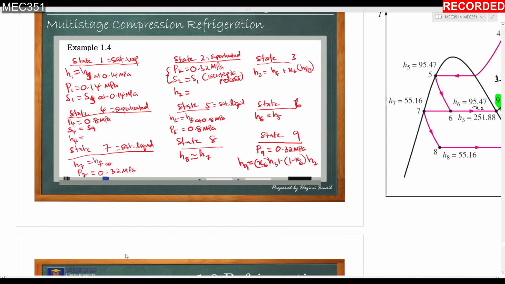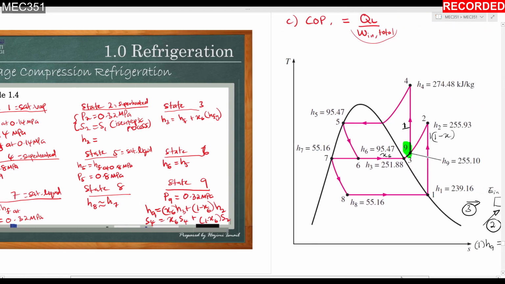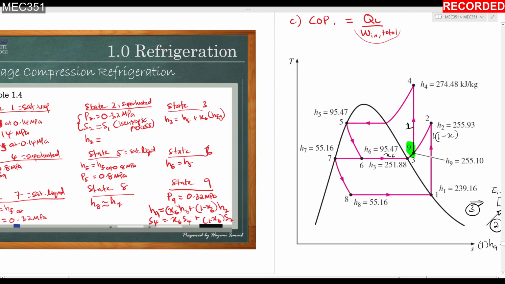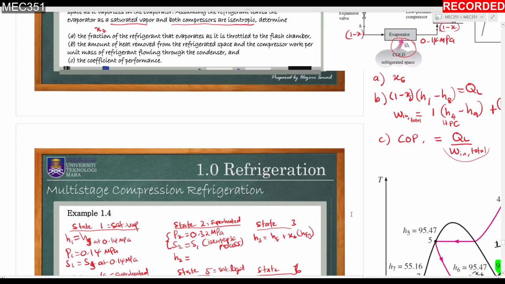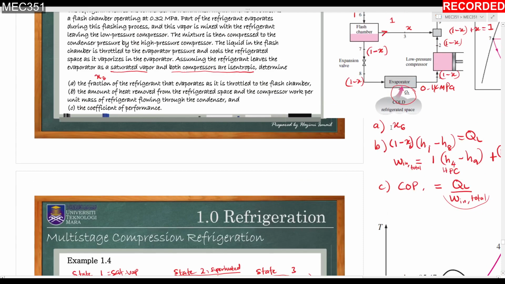Similarly to the S4, S4 is equal to x6 S4 plus 1 minus x6 S2. Okay. And first we have to find the x6.